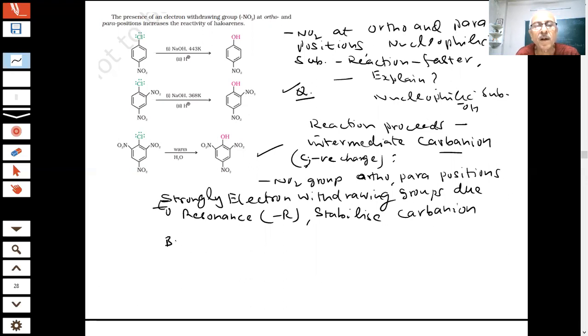But if NO2 is present at the meta position, what happens then?